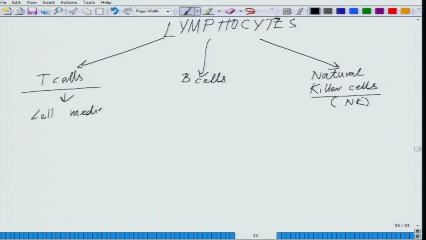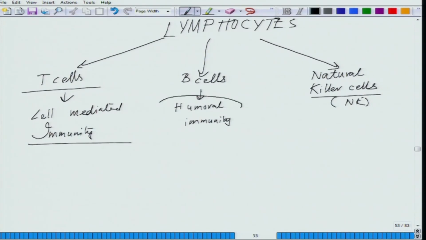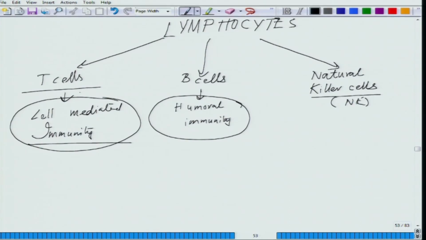I will come to that very soon. B cells are responsible for humoral immunity. And natural killer cells are responsible for immune surveillance.